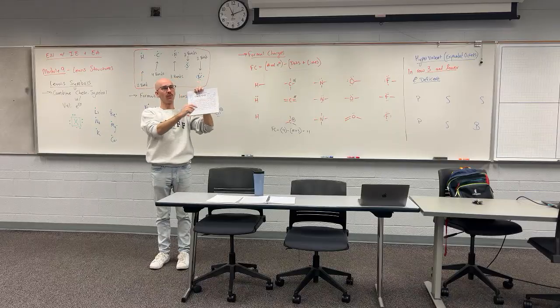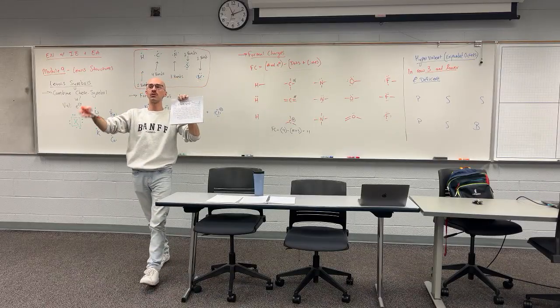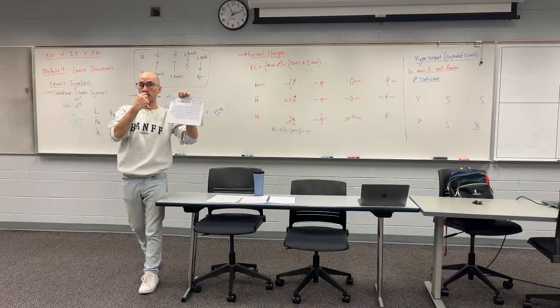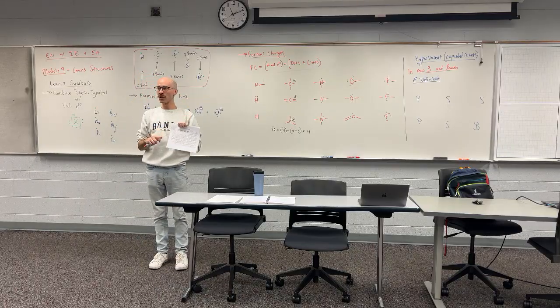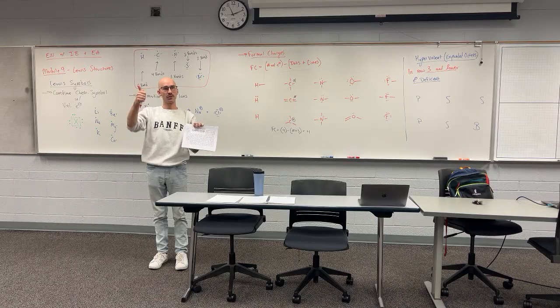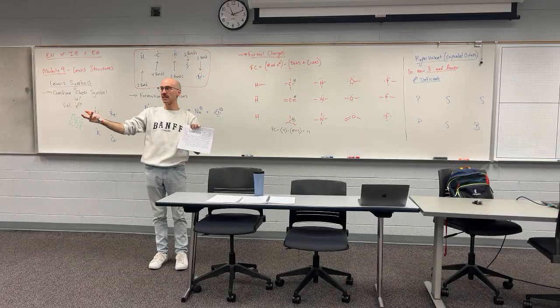In the second row, we get 2 subshells. We introduce the p block, 3 p orbitals. In the third row, we introduce the third shell of electrons. That's 3s, 3p, and 3d.